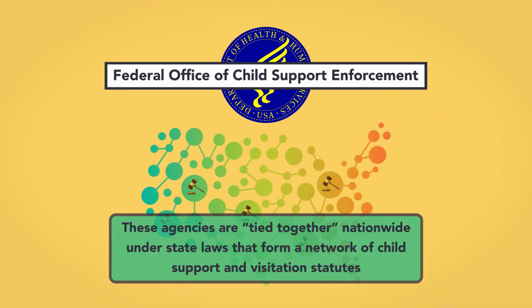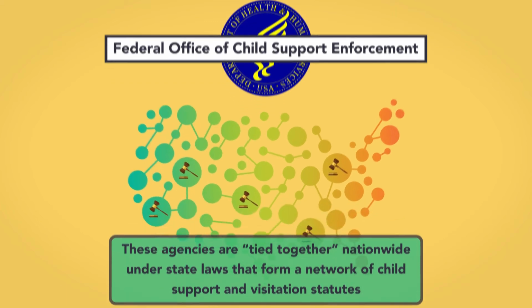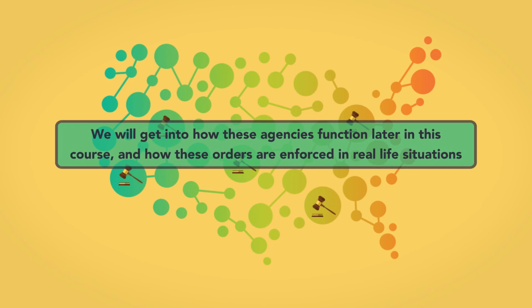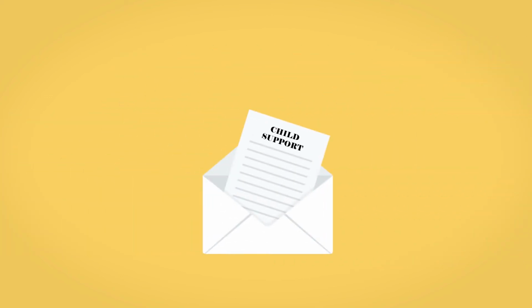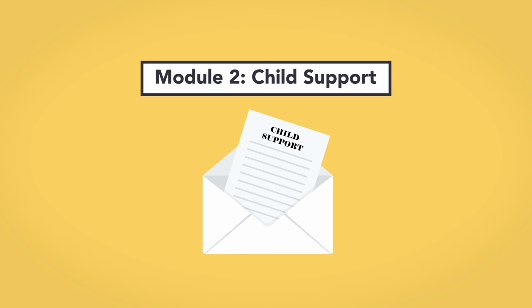These agencies are tied together nationwide under state laws that form a network of child support and visitation statutes. We will get into how these agencies function later in this course and how these orders are enforced in real-life situations. In the next module, we will look at the first of the major types of payments we will discuss, child support payments.